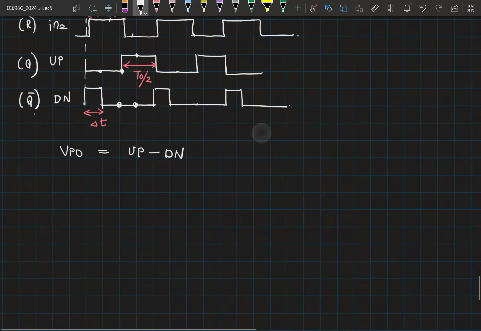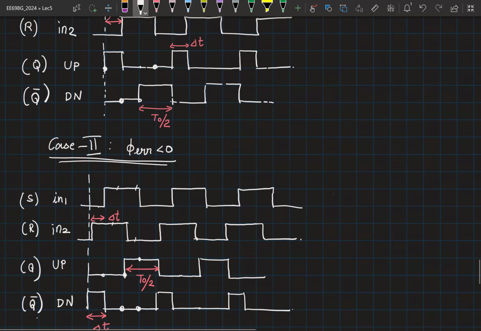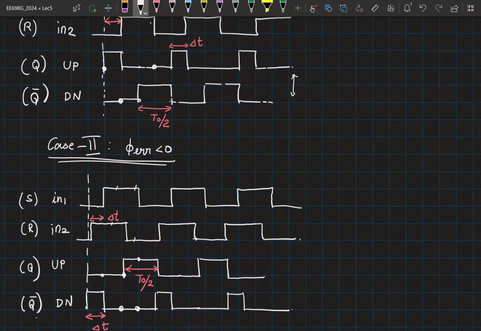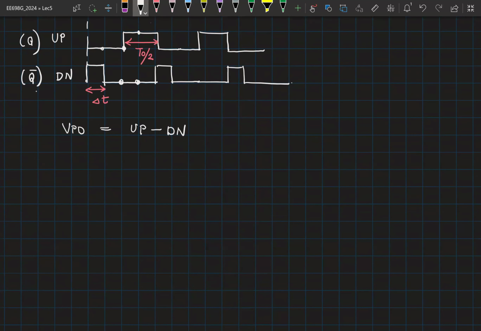If I choose up minus down, you can quickly see that for positive phase errors, you'll get a negative value and vice versa, which is okay. It's only a matter of definition of KDL, right? So can you calculate what is the average value of VPD for case 1 and case 2?